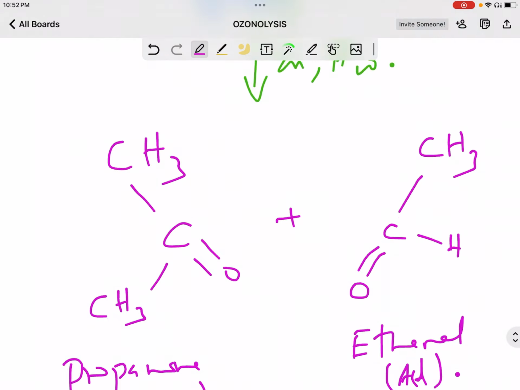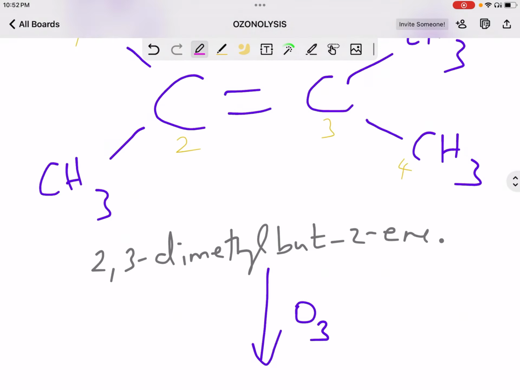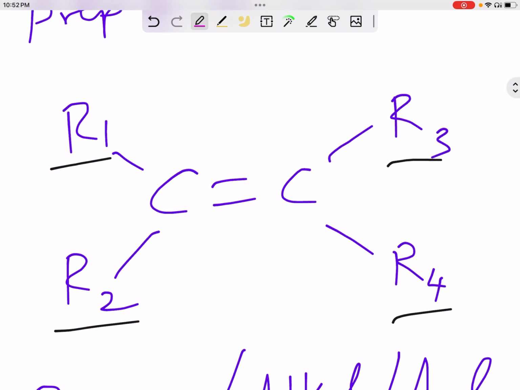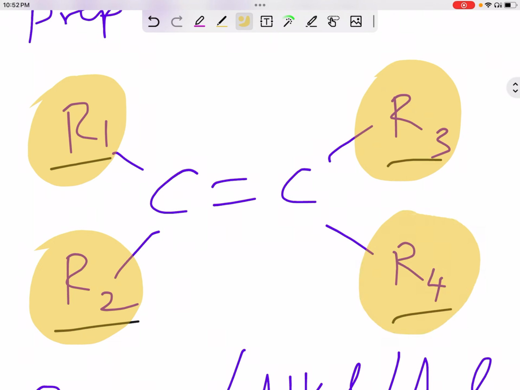Like this, you can get an aldehyde mixture, a ketone mixture, or an aldehyde-ketone mixture just by changing the substitutions R1, R2, R3. A long chain compound, even with multiple double bonds, can also undergo ozonolysis, where the ozonoid will be formed at the particular double bond positions, which breaks the compound.